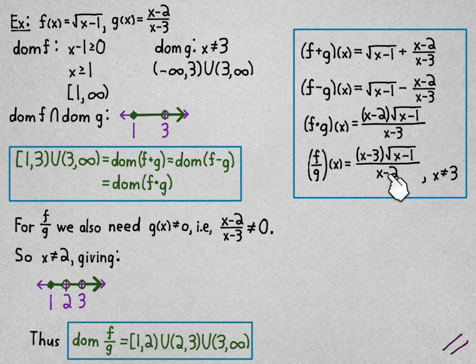I didn't write x not equal to 2 here because you can tell from the implied domain that x is not equal to 2 and x is greater than or equal to 1. So that's the only reason I wrote this. You won't be required to do this. You would be required to write this out and this out. And of course, to do these three as well with their domains, which are all the same. They're this one.